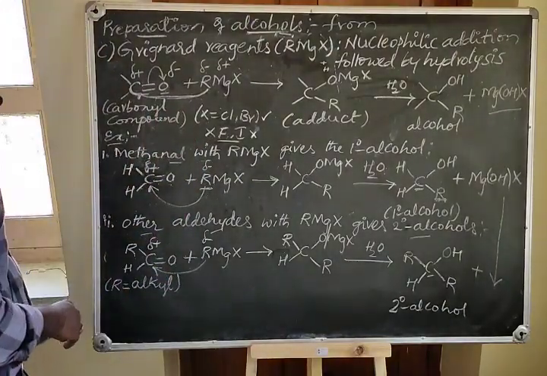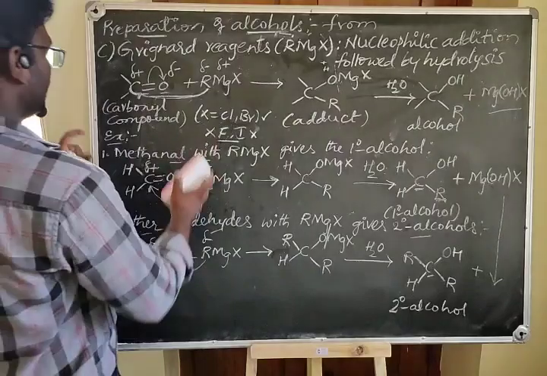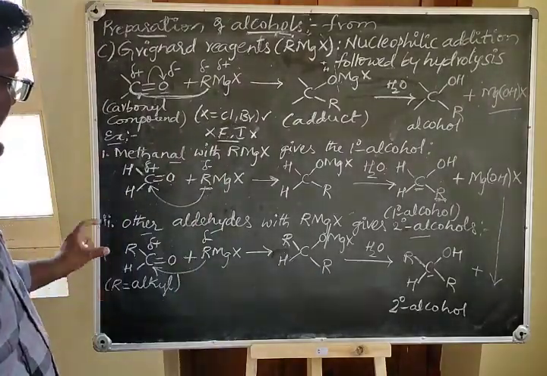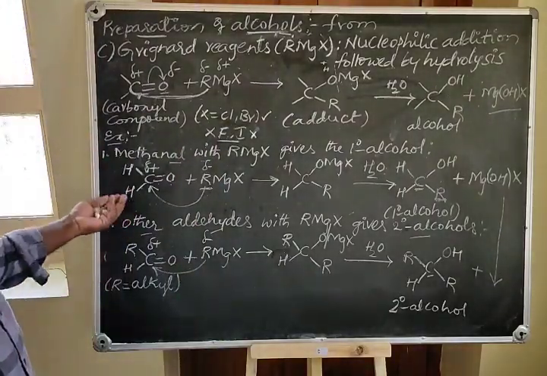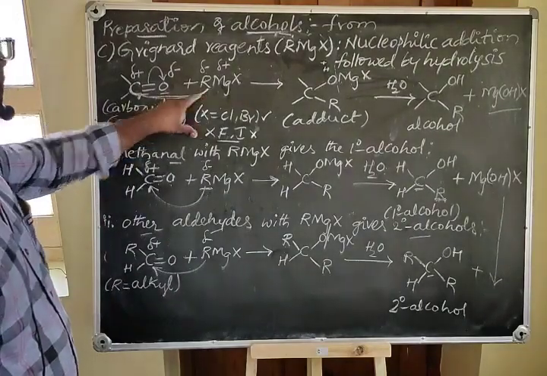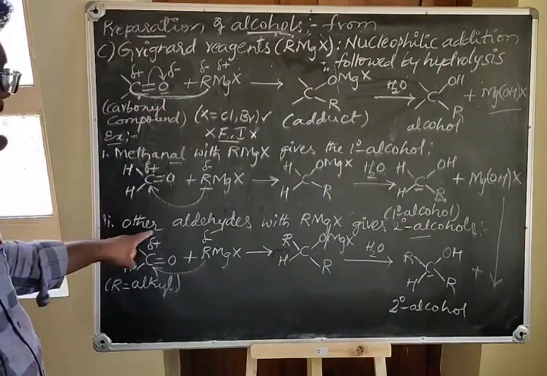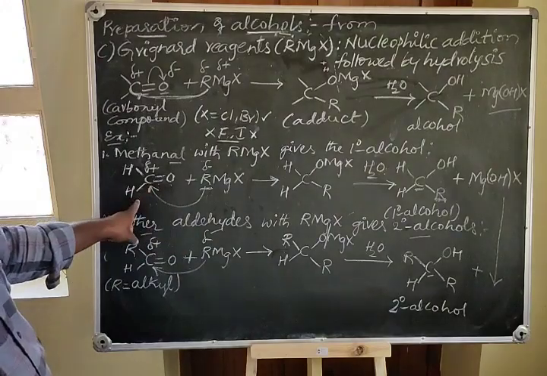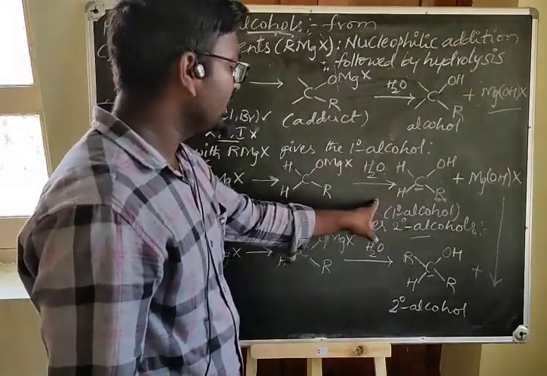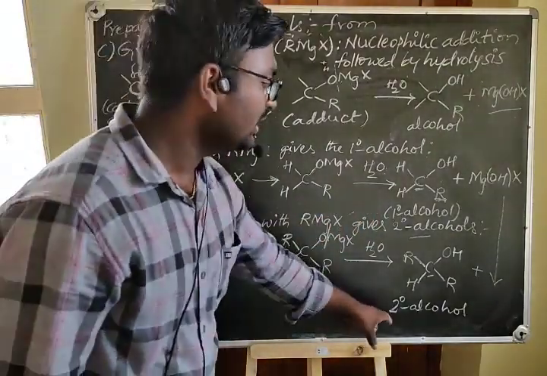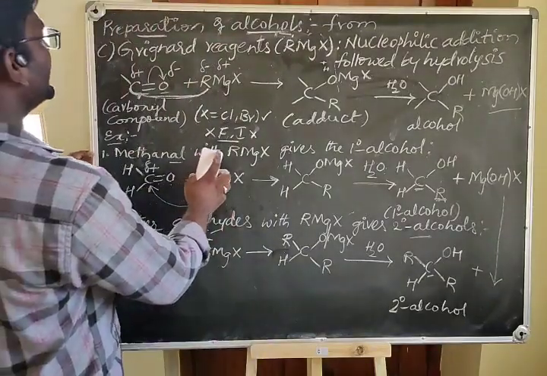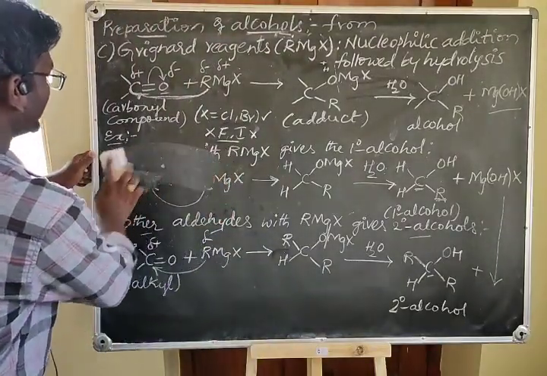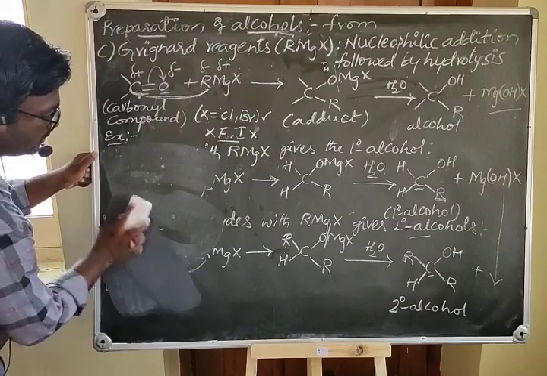Now let us see the conversion of ketones. So far we have discussed the reaction of Grignard reagent with methanal and other aldehydes. When you use methanal you get a primary alcohol, and other aldehydes give secondary alcohols. Now let us consider the third one, that is ketones.